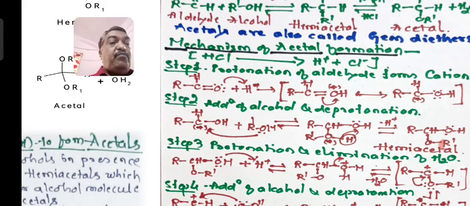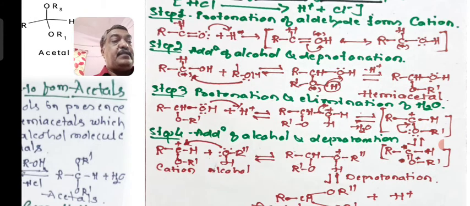The removal of a water molecule makes the central carbon positive. Then the lone pair of electrons shift within the molecule, and you will have RCH double bond O R dash. That is a cation.